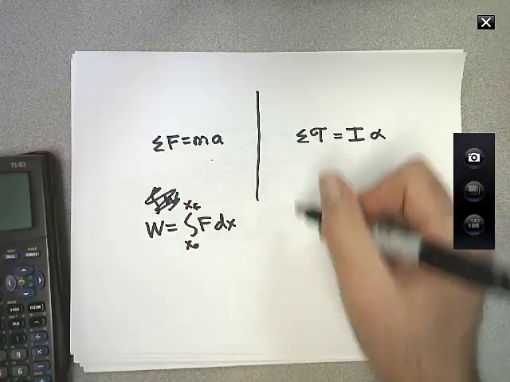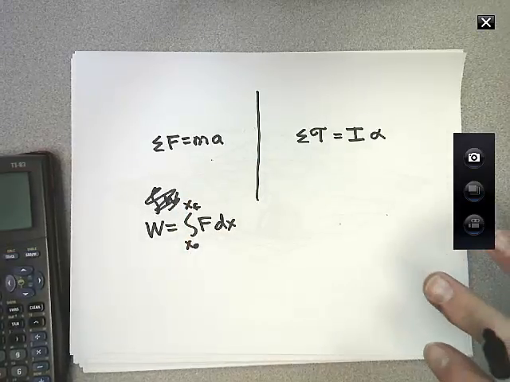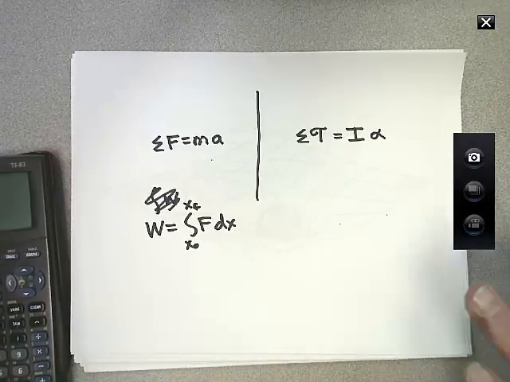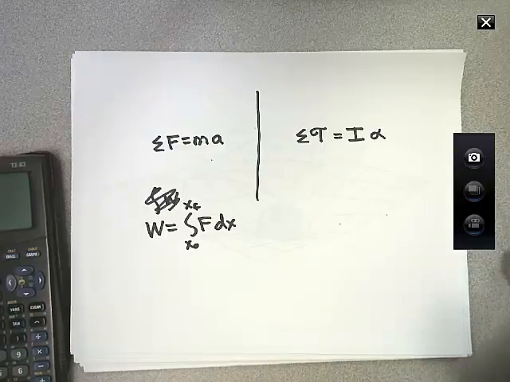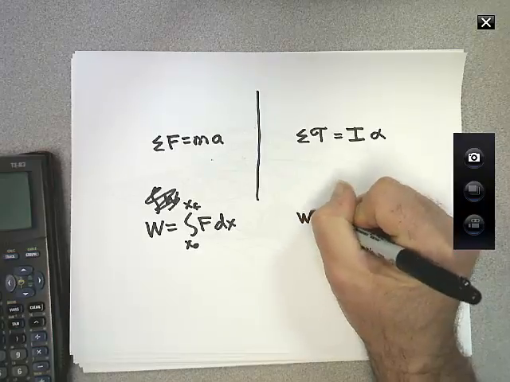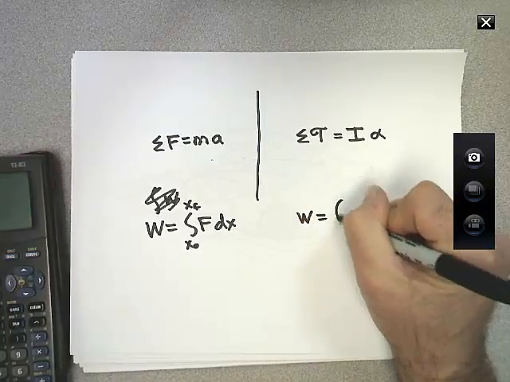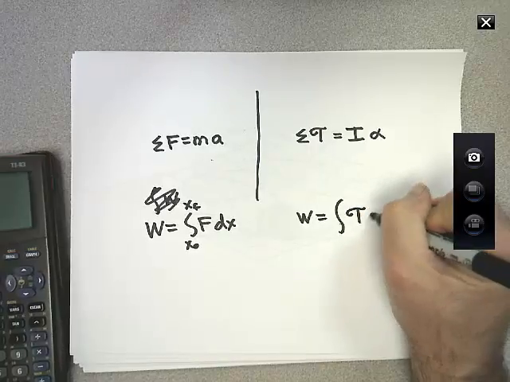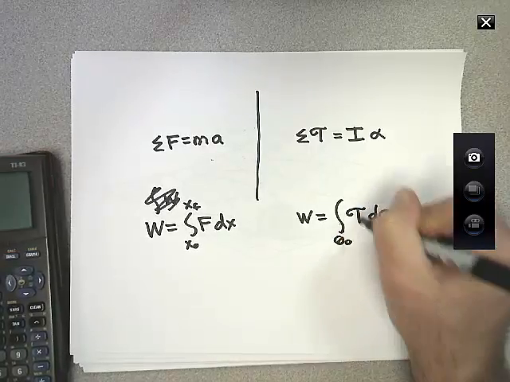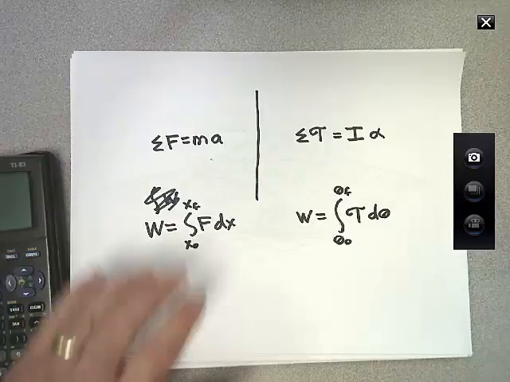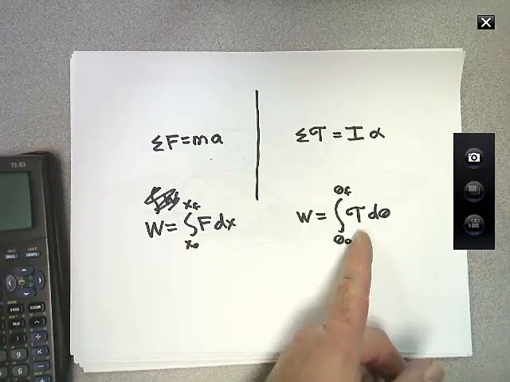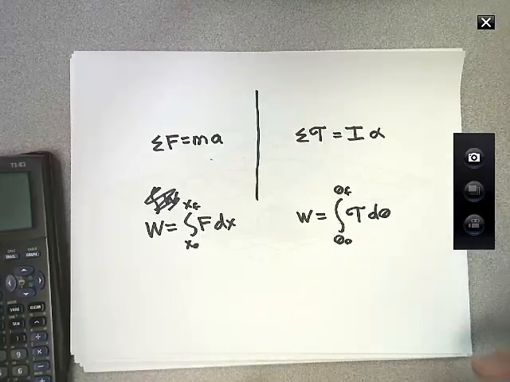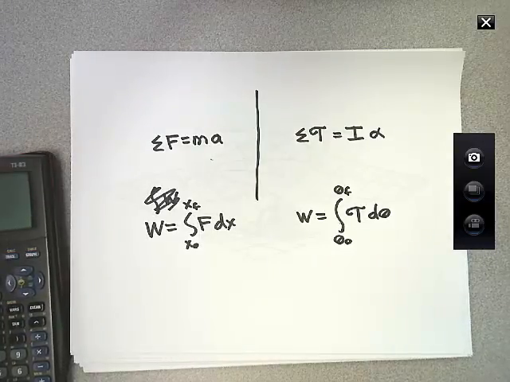We're going to find also on this side of things, when you apply a torque to something, to spin it up, to get it to move faster, you're also doing work. Work still equals change in kinetic energy, so we can still use that. And the definition of work on the torque side is that work is the integral of torque d theta, from theta initial to theta final. So where on this side we're applying a force to something to move it a linear distance, here we're applying a torque to something to rotate it an angular distance.